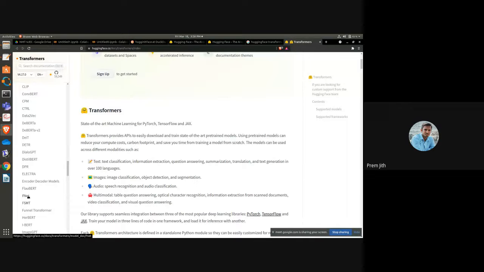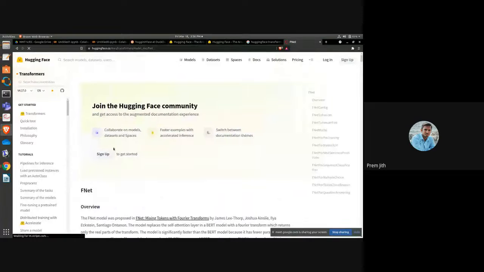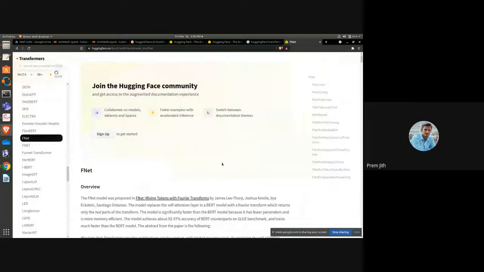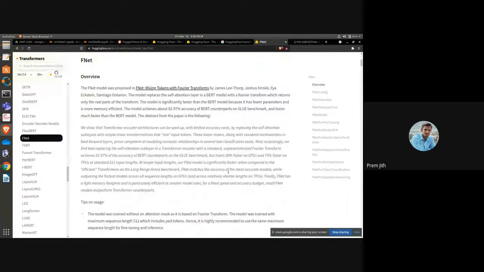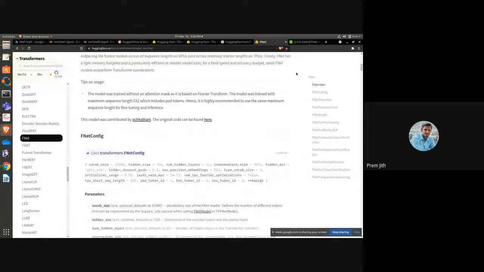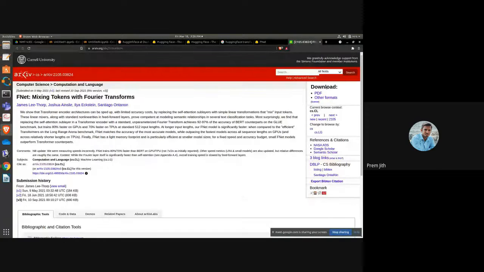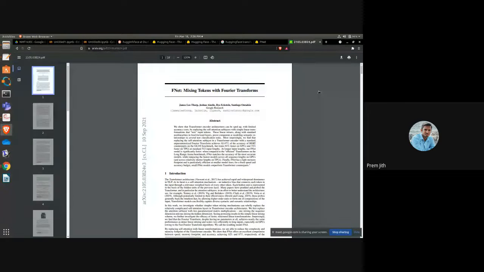And then this FNet, I think it is very important because it uses the Fourier transform concept from signal processing. It incorporates the Fourier transform with the BERT embedding to generate new embeddings. I think this is the paper: mixing tokens with the Fourier transform.